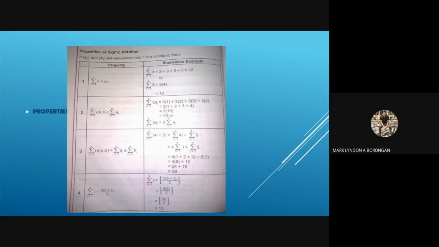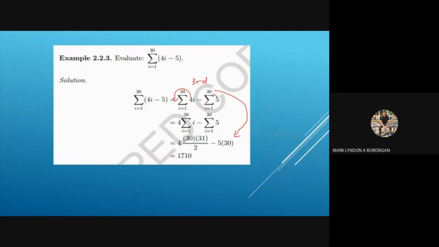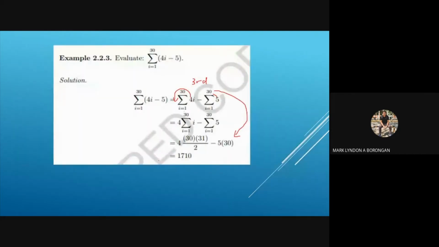This is to get the sum for problems with big upper limits. If the upper limit is big, use the first property, because it is a shortcut.